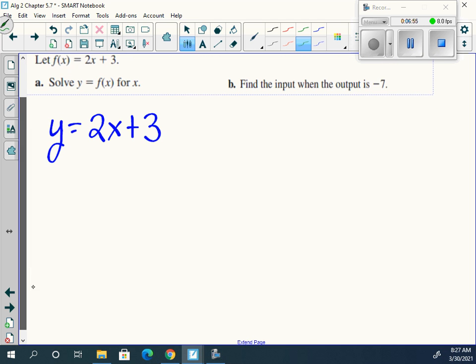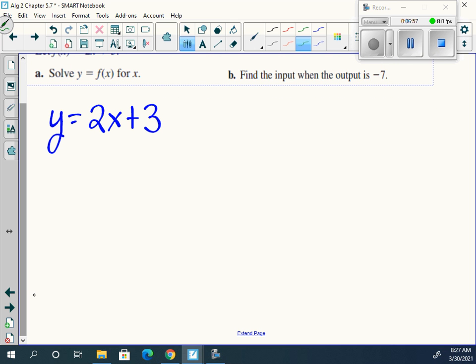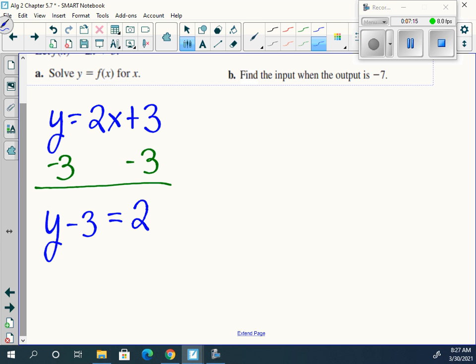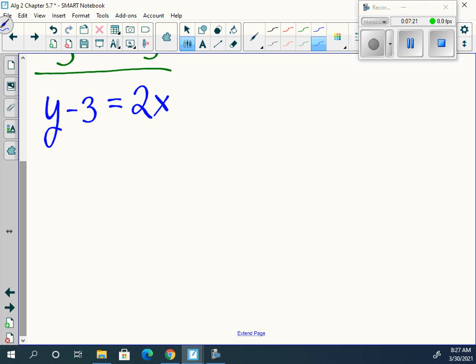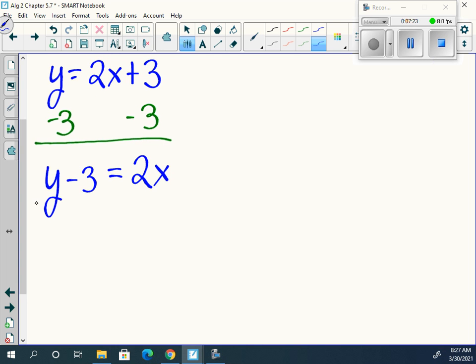Okay. So looking at this here, what do I need to do to get x by itself? Subtract 3 from both sides. Okay, I need more space. And now what?